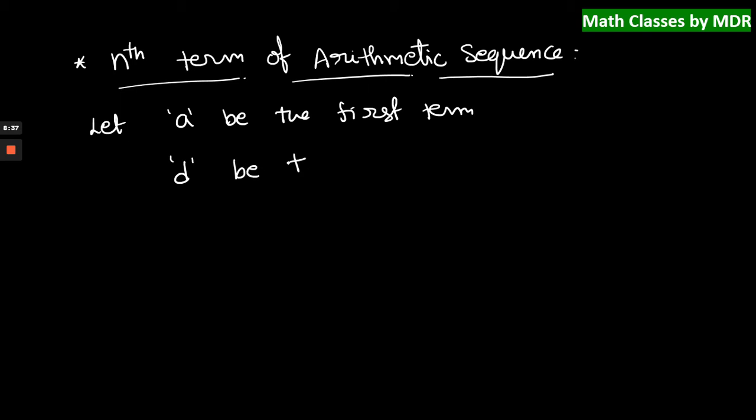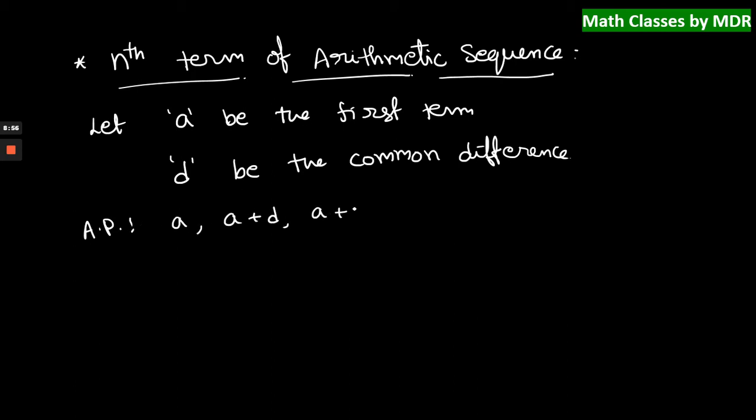Then the arithmetic sequence or arithmetic progression is A, A plus D, A plus 2D, A plus 3D, and so on it goes, right?